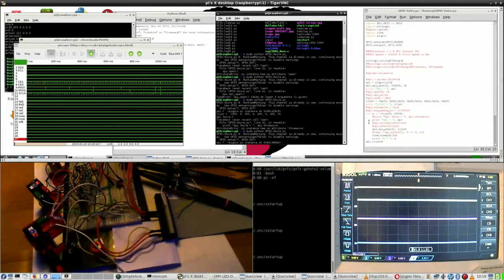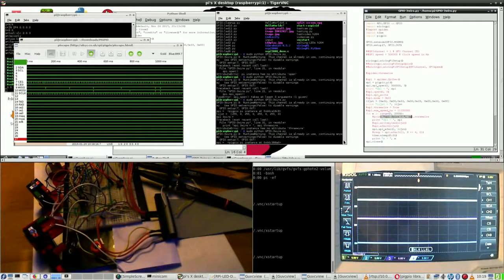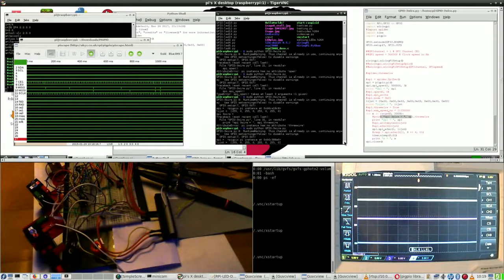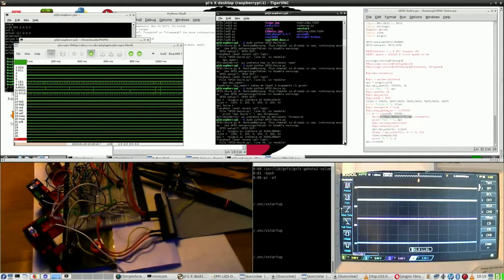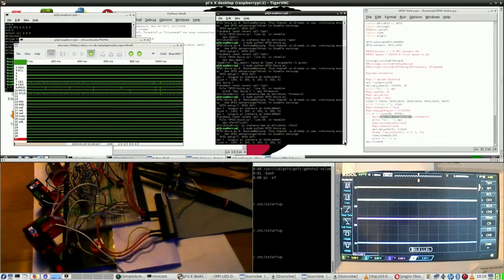Then I had to disable the 3 wire argument right here. Then it had no transfer two. Yeah, that turns out to be only transfer.